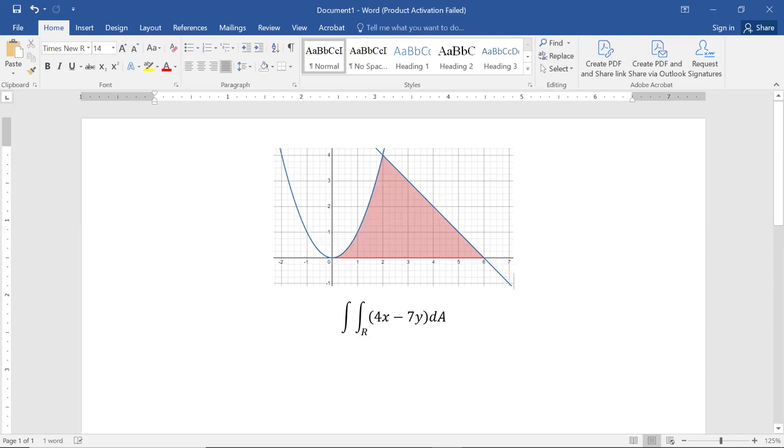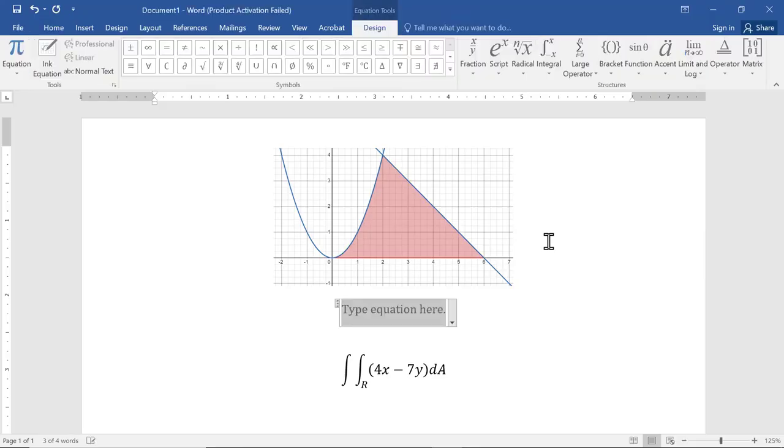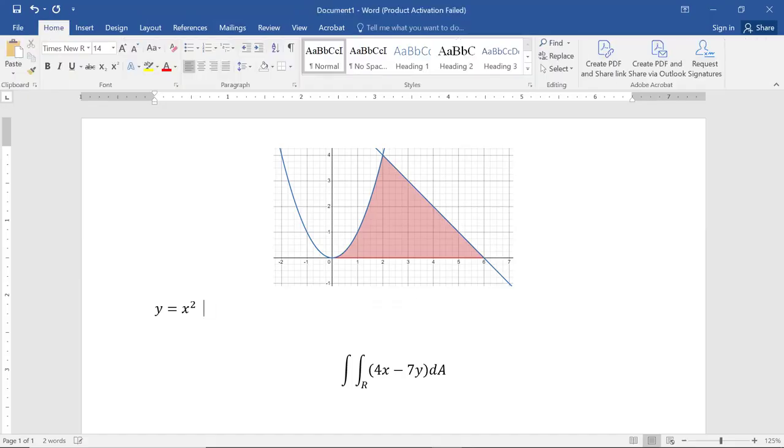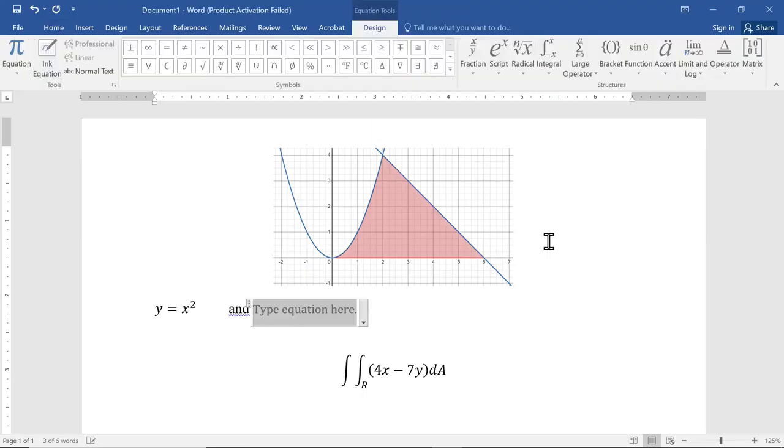All right, so I'm going to write some things down as I do this. We have y equals x squared as one of the curves, and the other curve is y equals negative 1x plus 6.